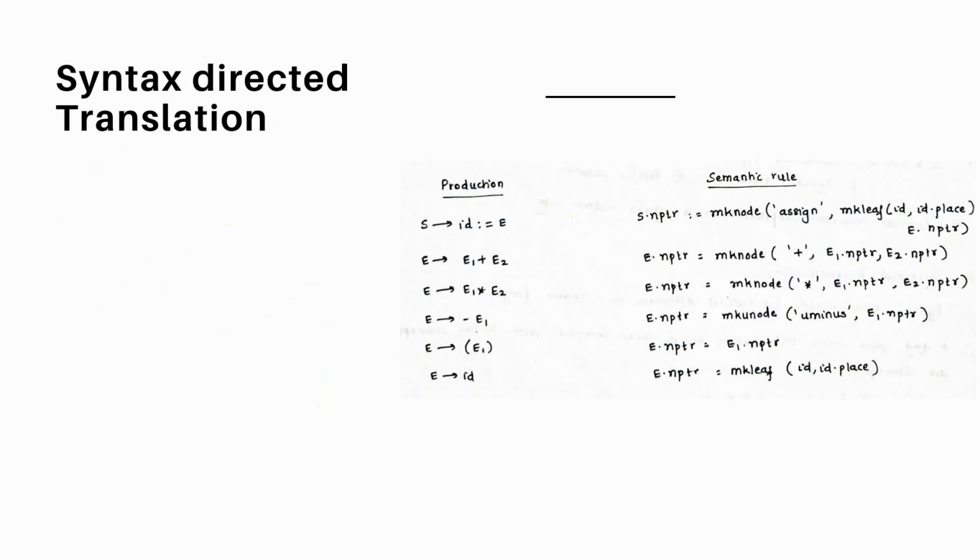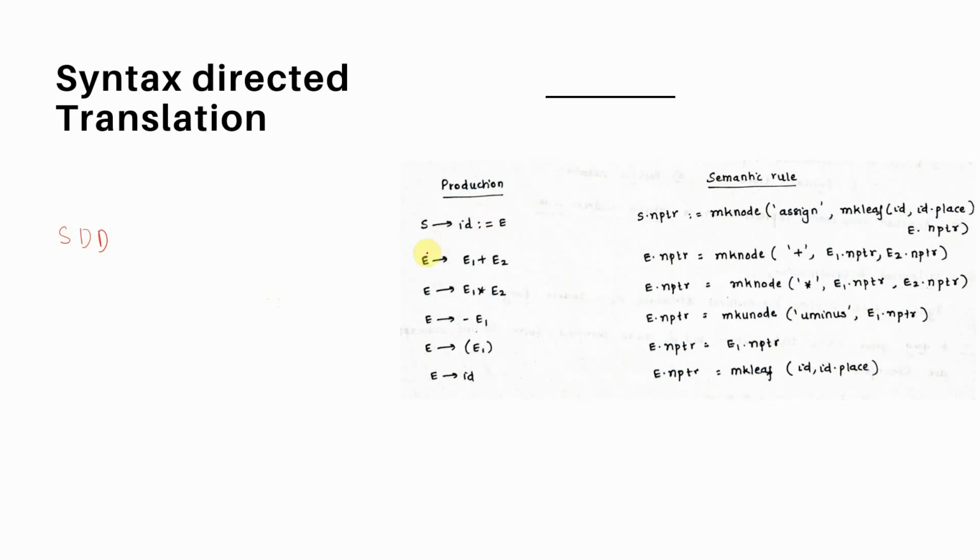Okay, the next part is something called syntax directed translation, and there is one more term called syntax directed definition. So what is the meaning of syntax directed definition, which is represented as SDD? Normal grammar rules with some actions associated with these rules.